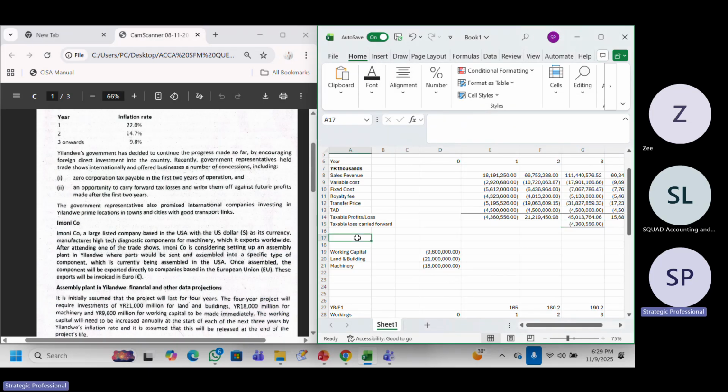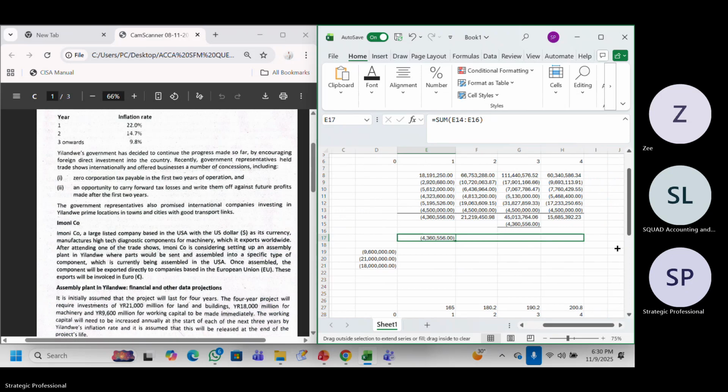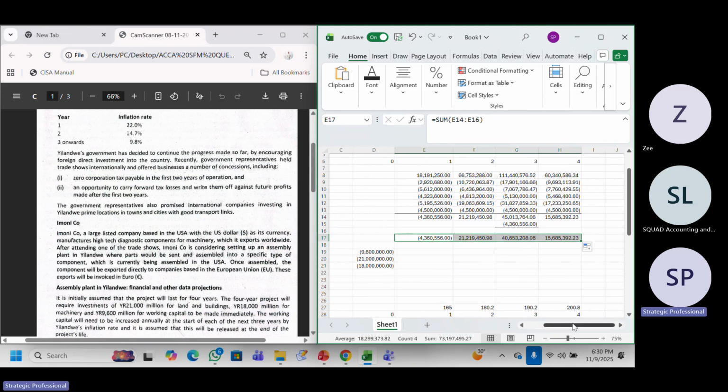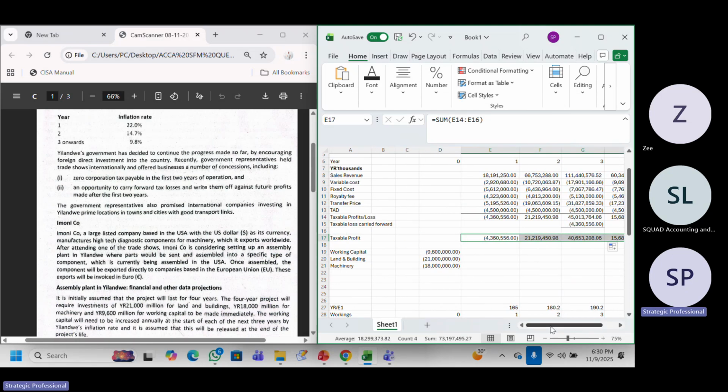So it means that my taxable profits will be, that's what my taxable profit would be now.